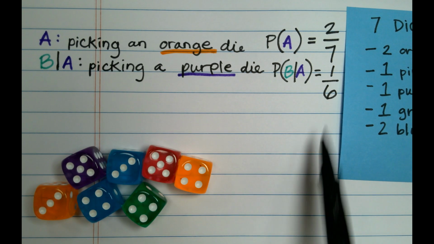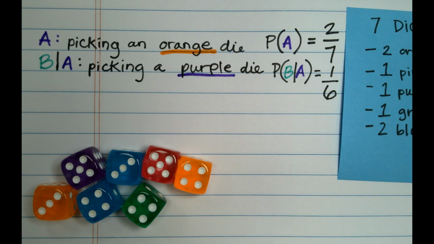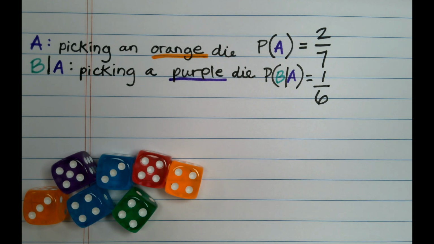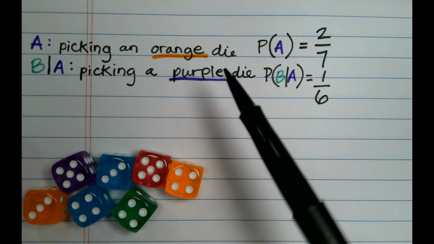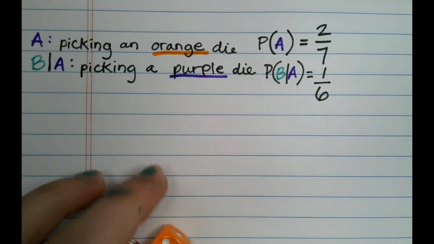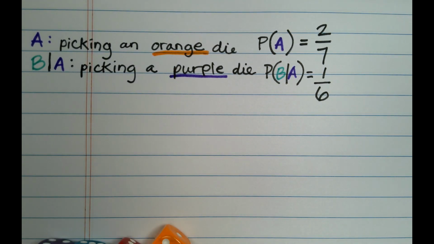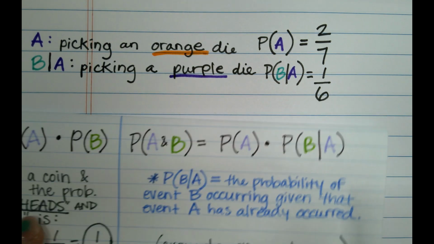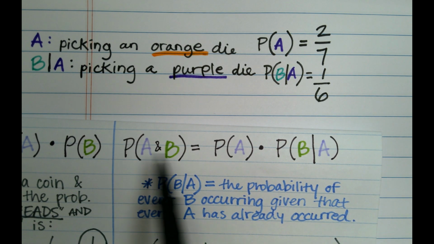So using this probability that we've come up with here, I want to see in total, what is the probability of both of these happening? What's the probability that I pick an orange the first time and then, after I don't put the orange back, also pick a purple? So we're going to look back at that formula that we wrote here, the probability of both happening.